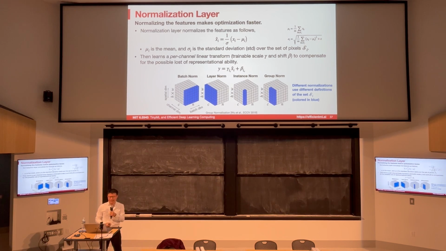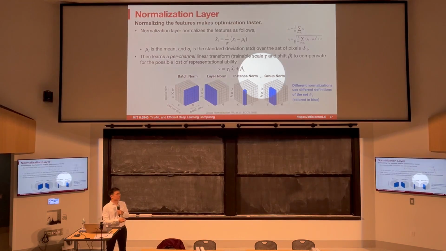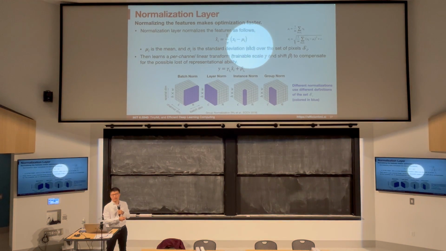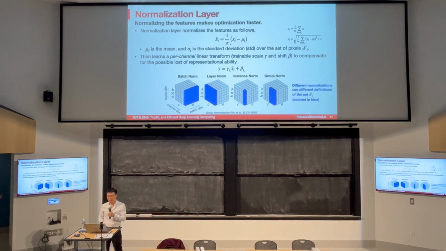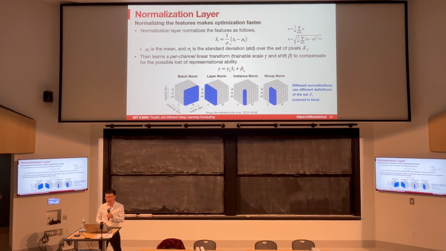We normalize the feature map to make the optimization faster. How do we apply that? We subtract the mean of the tensor and divide by the standard deviation, sigma, over a set of pixels or tensors if it is in vision.